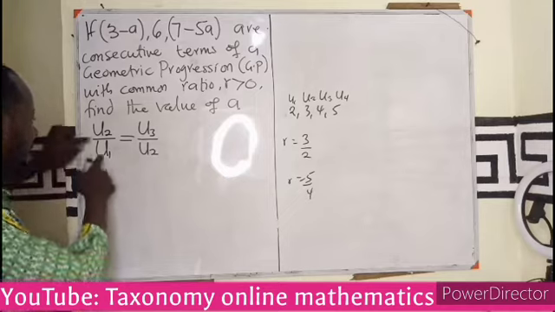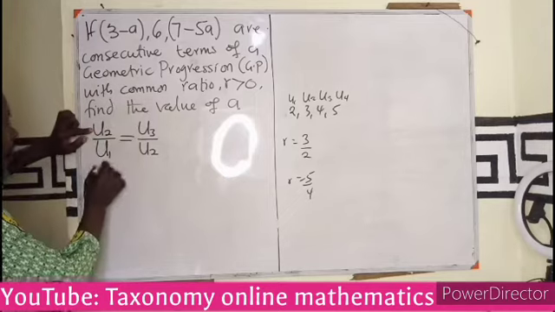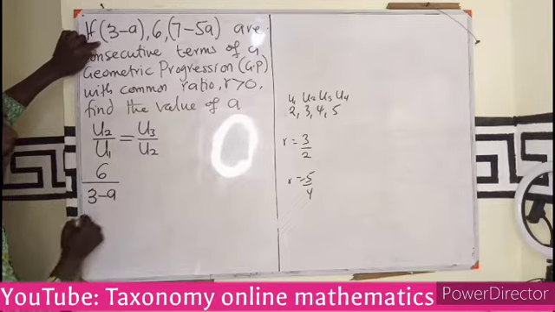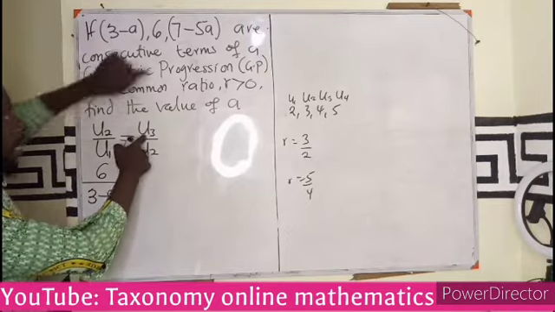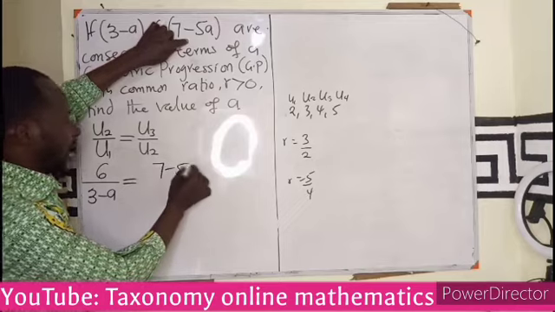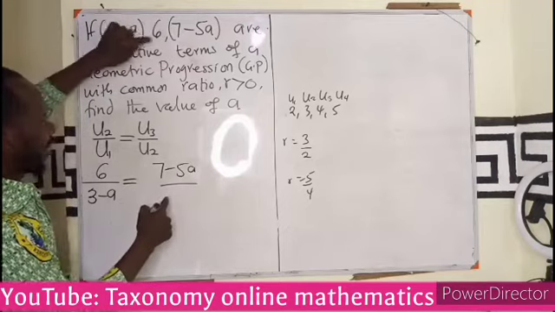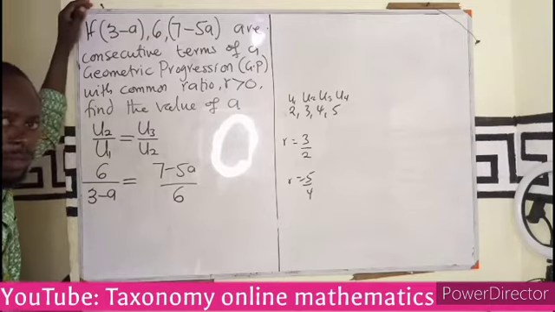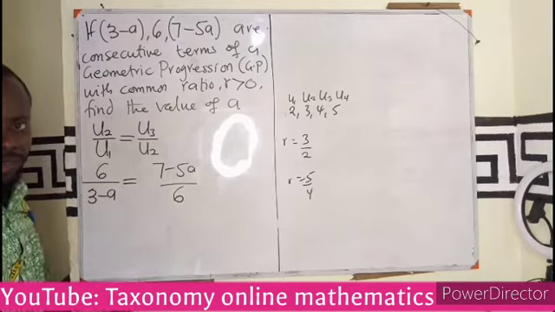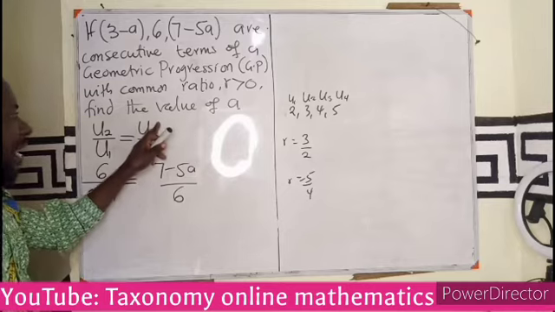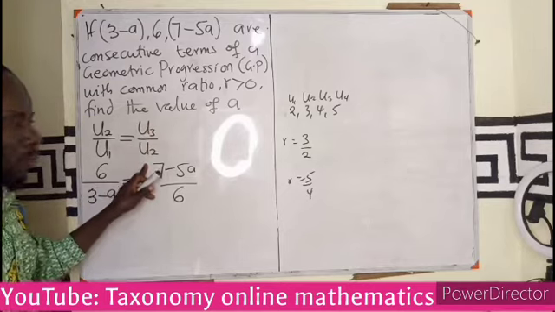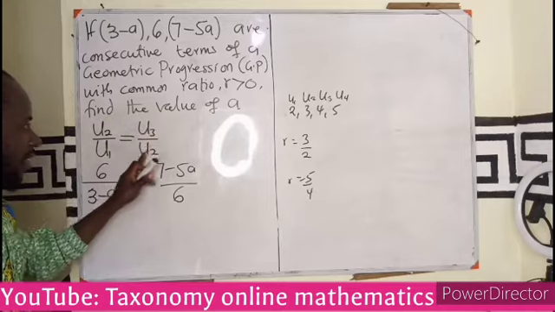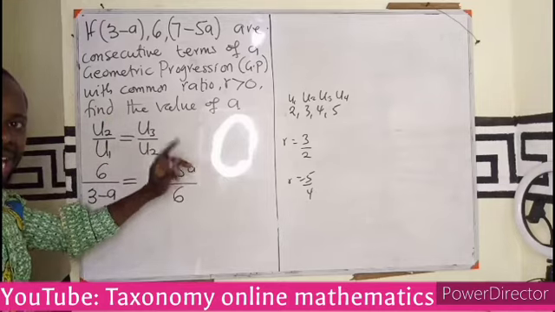Rewriting, I'll have 6 over the first term, 3 minus a, equals the third term, 7 minus 5a, over the second term, which is 6. Don't forget the terms are consecutive: second, first, third, second, in that order.